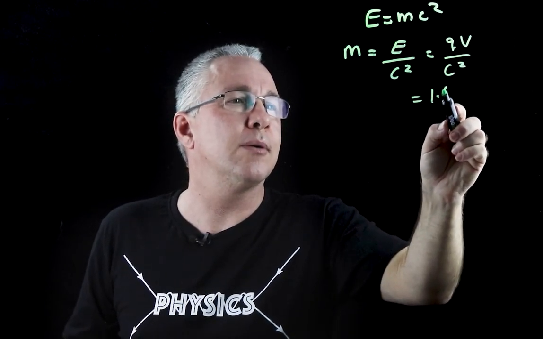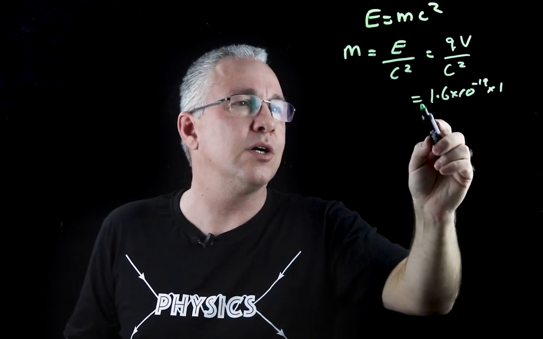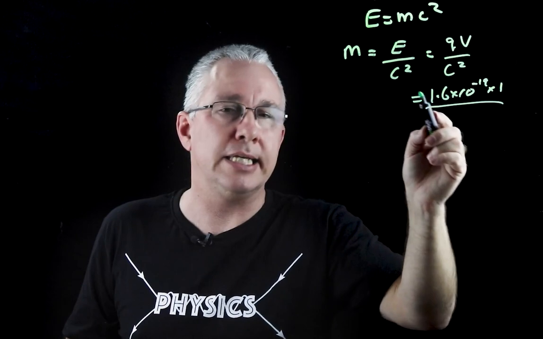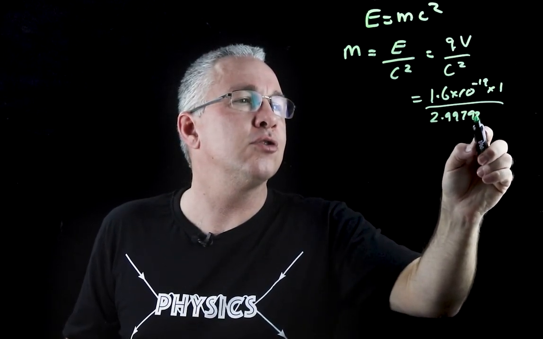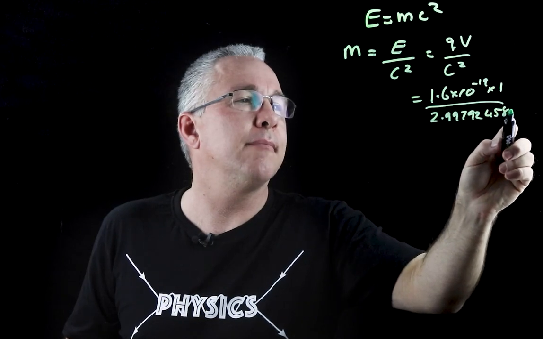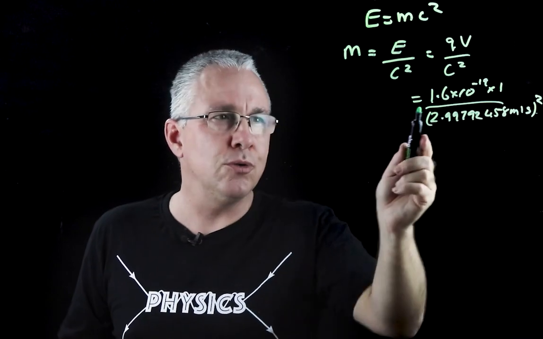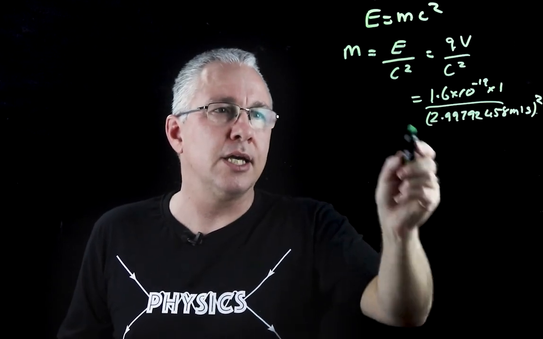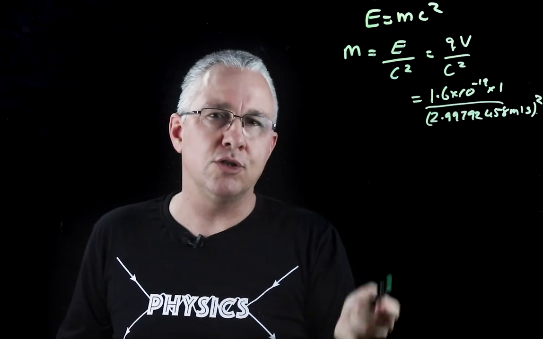Now Q is equal to 1.6 by 10 to the power of negative 19. This is still 1, our 1 volt, and down the bottom we have c squared, and of course that is 299,792,458 meters per second, and all of that is squared. If you work this out, you're going to get a value for the mass of what this is equivalent to in terms of kilograms.